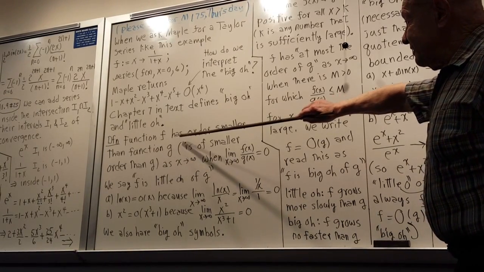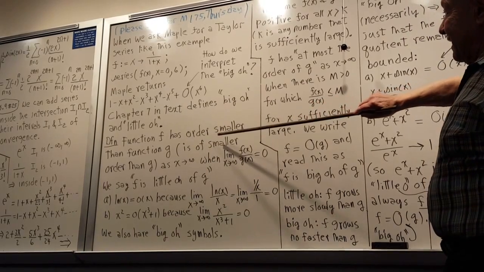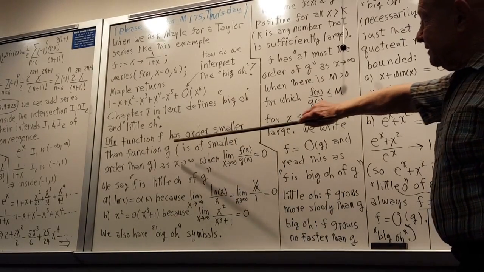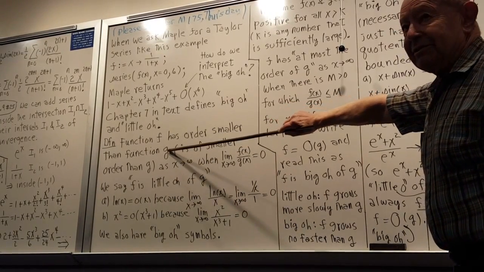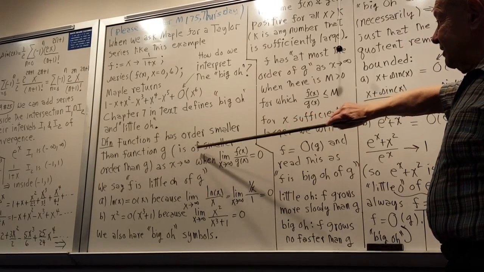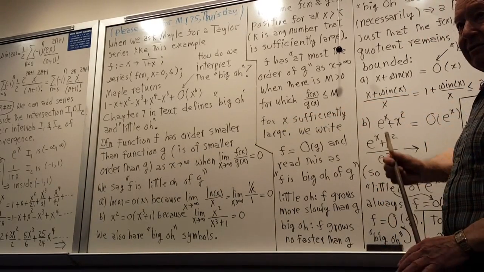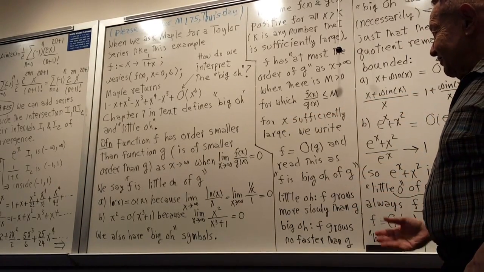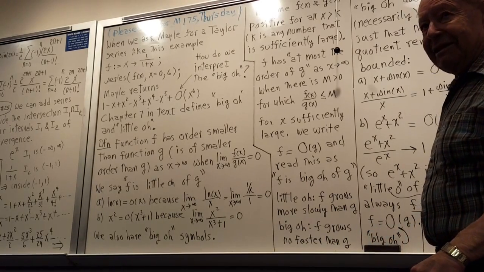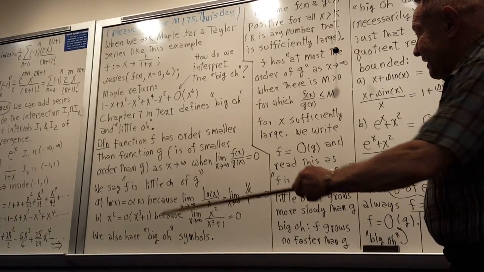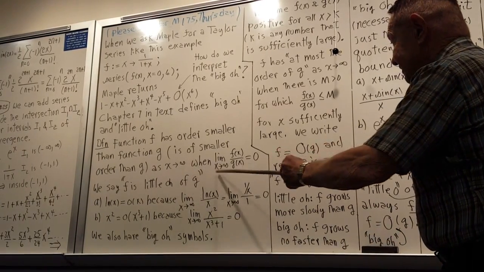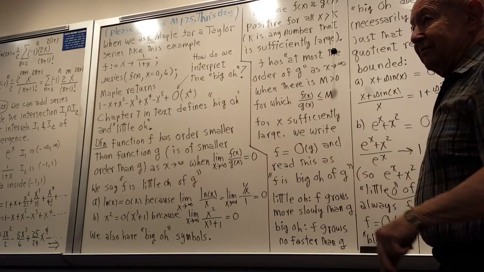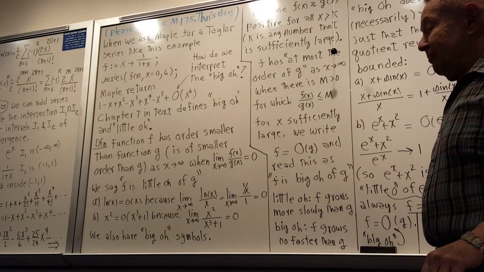So, definition then: a function f has order smaller than function g, or is of smaller order than g, any way you want to say it, as x becomes infinite when the limit of the quotient is 0.